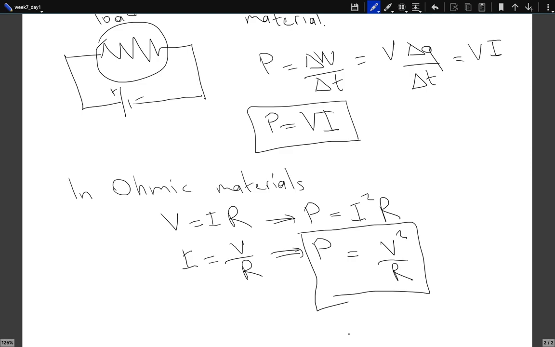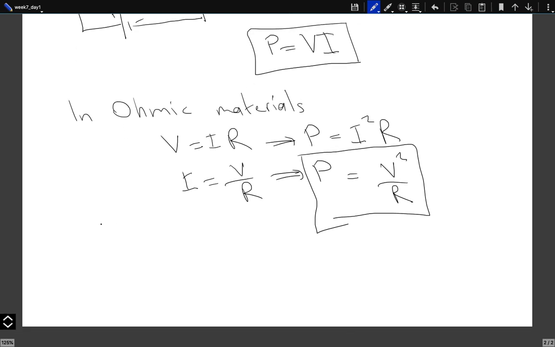When you are using these plugs that provide electricity, you are fixing the potential. So in such a case, if R is very small, then P is very large. P and also I, sorry.